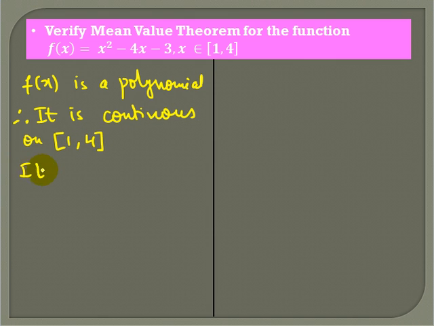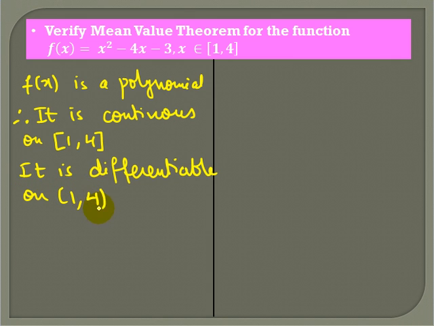We can say it is differentiable on open interval (a, b), which is open interval 1 to 4. And see what its derivative will be. f'(x) will be 2x minus 4. We will be using it. Done.